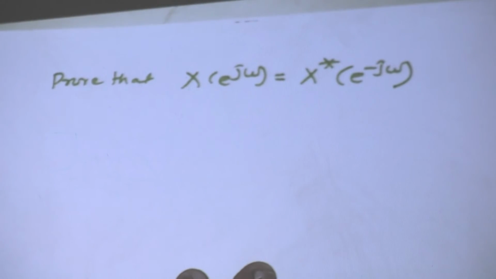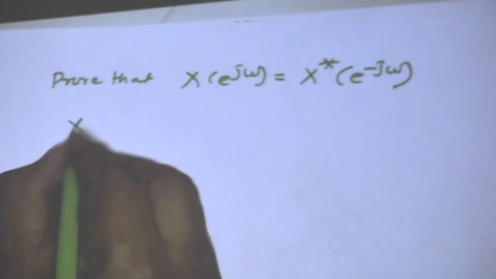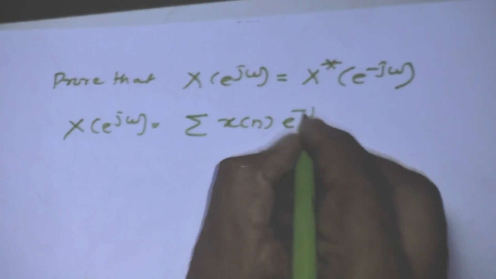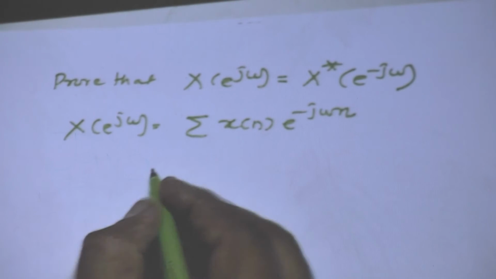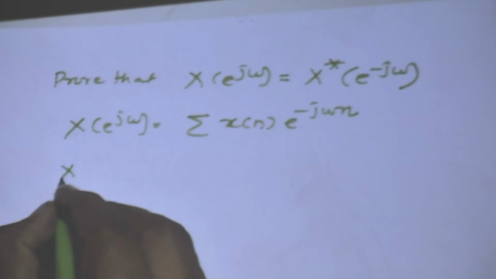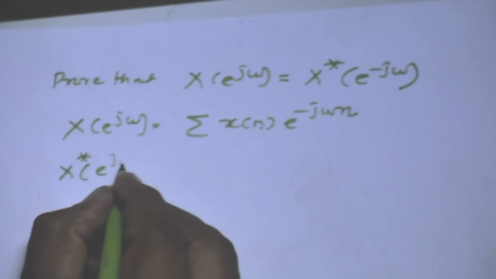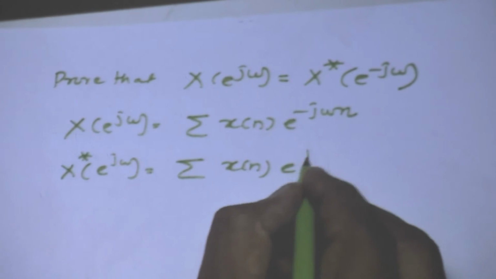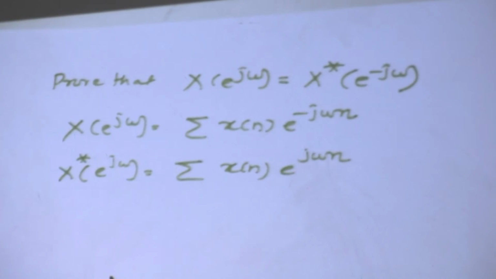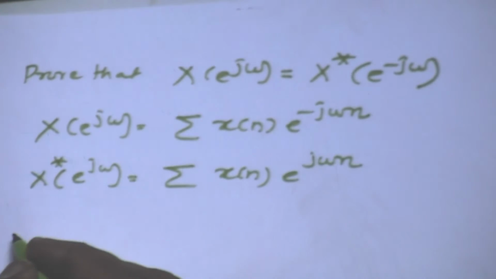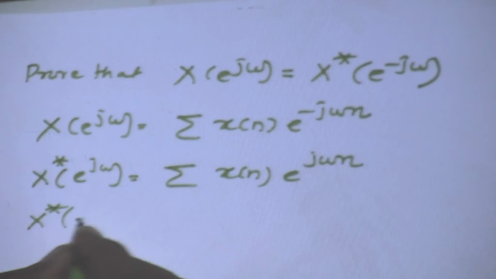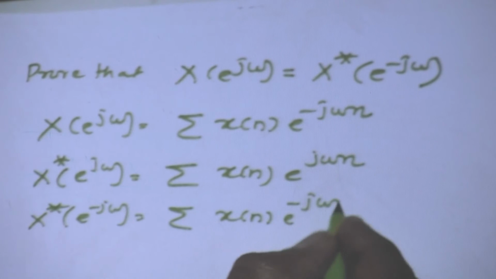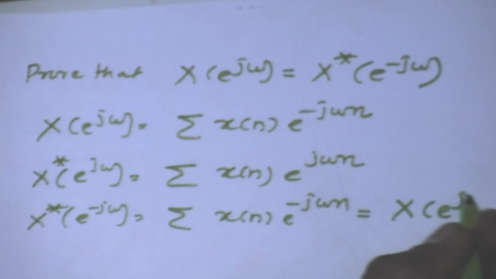Can you prove this? Take X(e^{jω}), which is equal to the summation of x[n] e^{-jωn}. Take X star(e^{jω}), which is the summation of x star[n] times the complex conjugate of e^{-jωn}, and replace ω by -ω. This becomes X star(e^{-jω}), which is equal to the summation of x[n] e^{-jωn}, which is equal to X(e^{jω}).